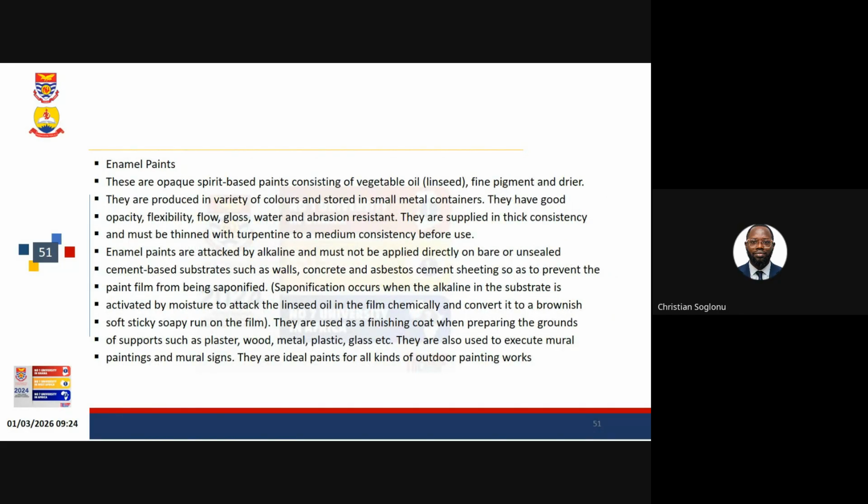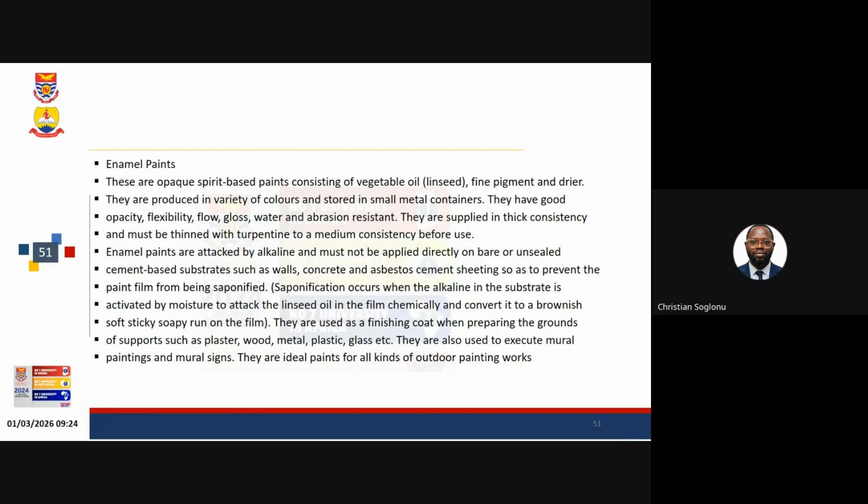So we continue with enamel paints, which is another type of paint. These are opaque spirit-based paints consisting of vegetable oil, that is linseed, fine pigment, and dryer.